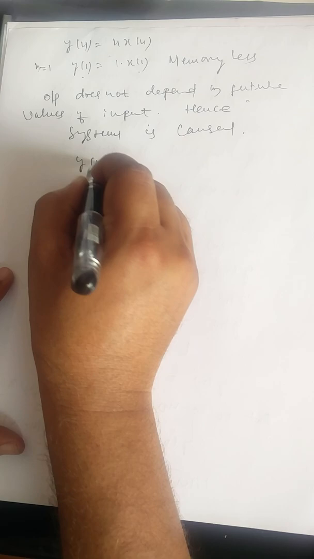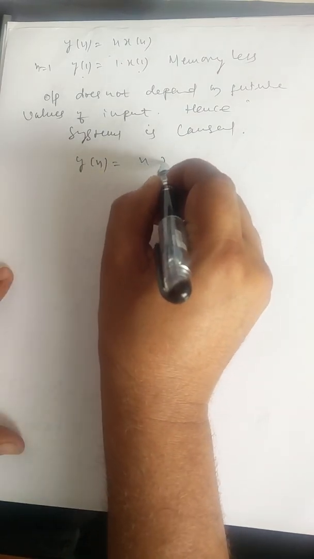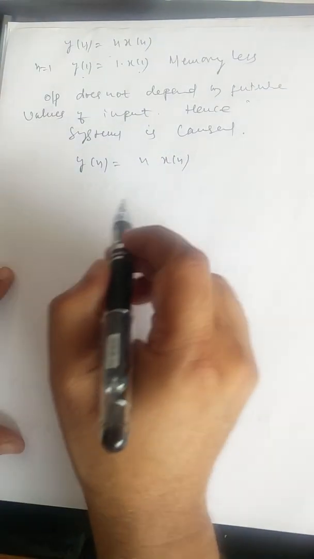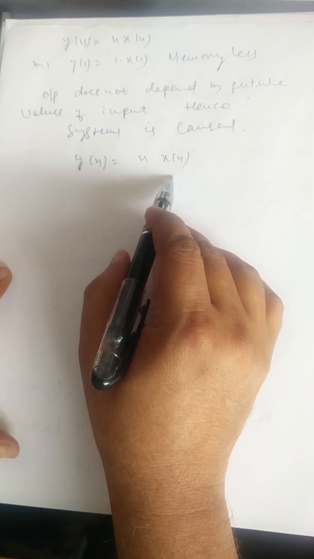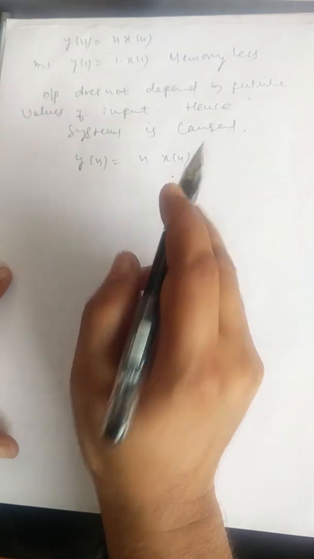Here y of n is equal to n into x of n. If input is bounded, output also must be bounded. Then only we'll say that it is stable.